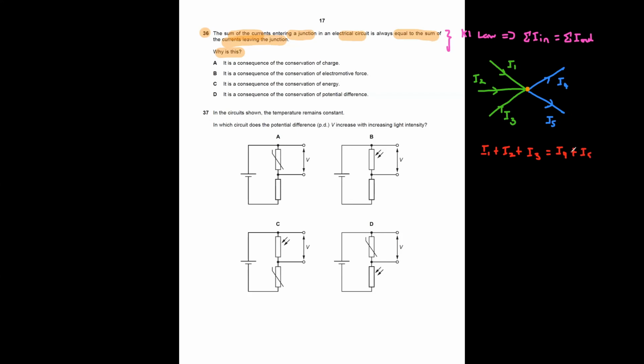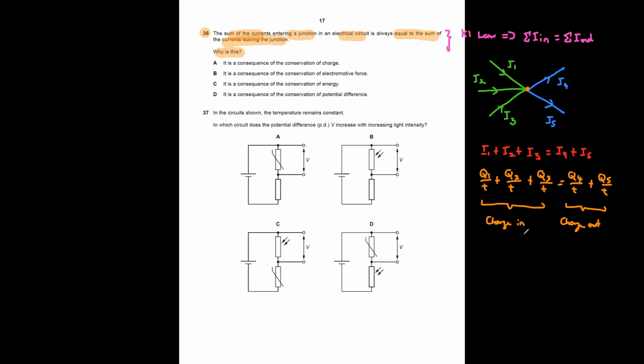If I look at the current in terms of charge per unit time, I get Q1 over t plus Q2 over t plus Q3 over t equals Q4 over t plus Q5 over t. So you can see that in your case, the sum of charges in is equal to the sum of charges out.